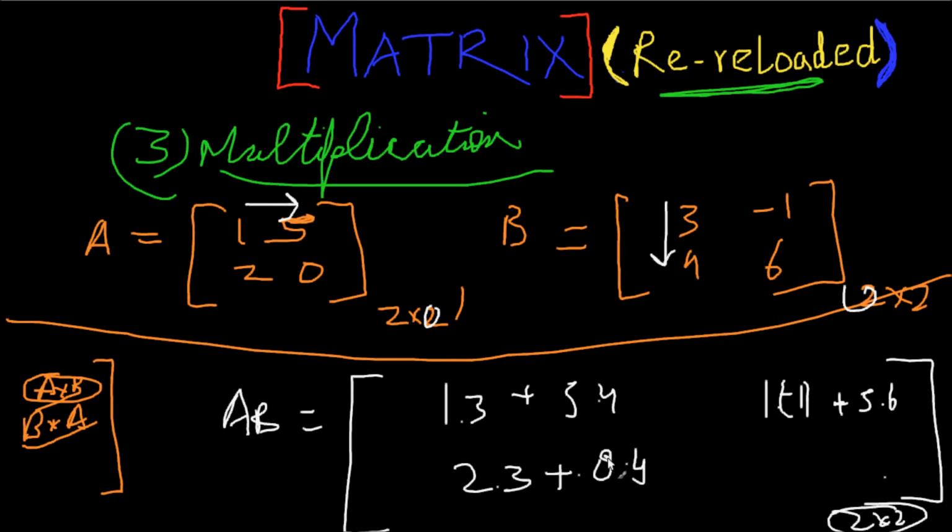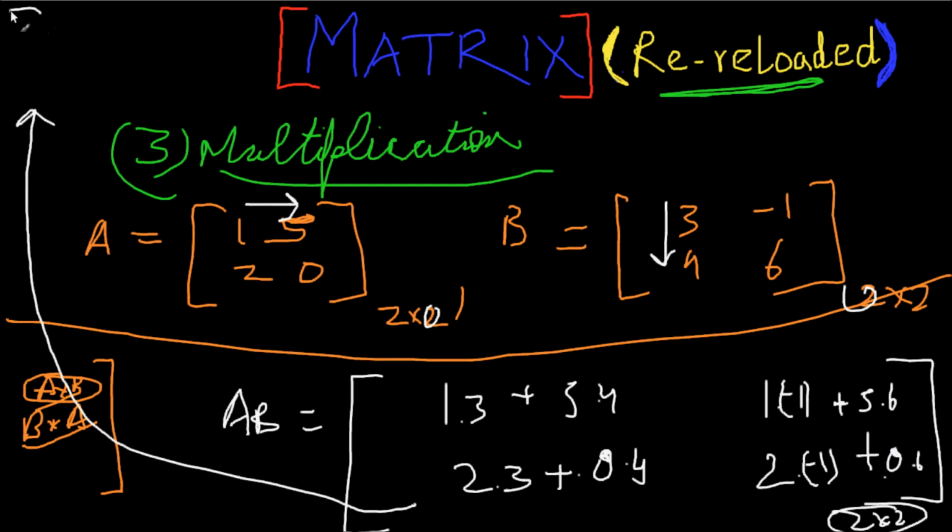I mean, of course you know. 2 times minus 1 plus 0 times 6, but it's actually 0 only. Okay, fine. So now our answer is going to look like 23, 29, 6 and minus 2.